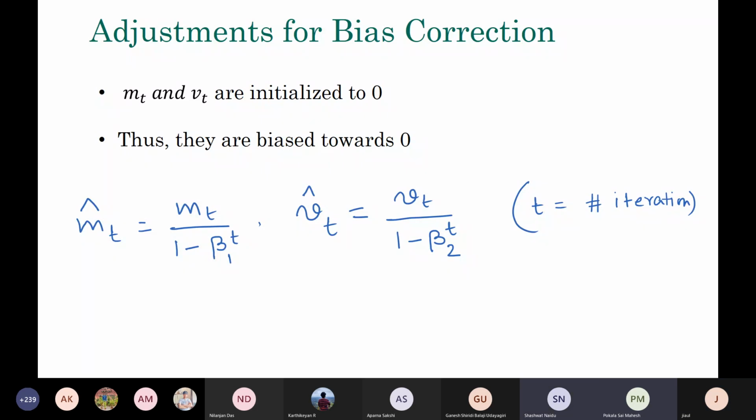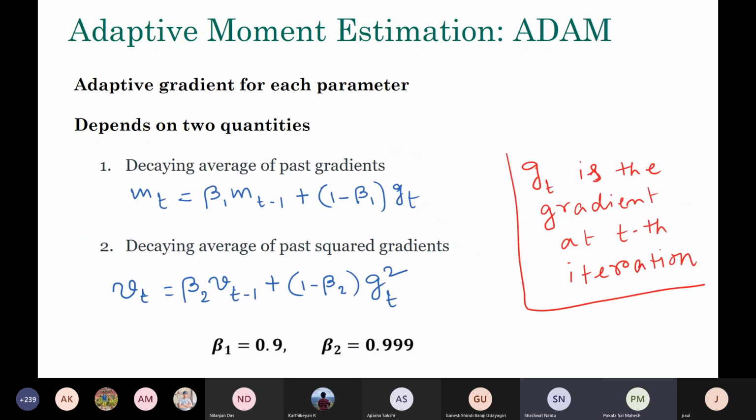Okay, sir. Then even the original expression of M T, does it have a proof too? How did this original expression come into being? For this one? Okay, the proof, in the sense that there's a convergence proof, showing how fast it is converging and things like that. They have that in the paper.